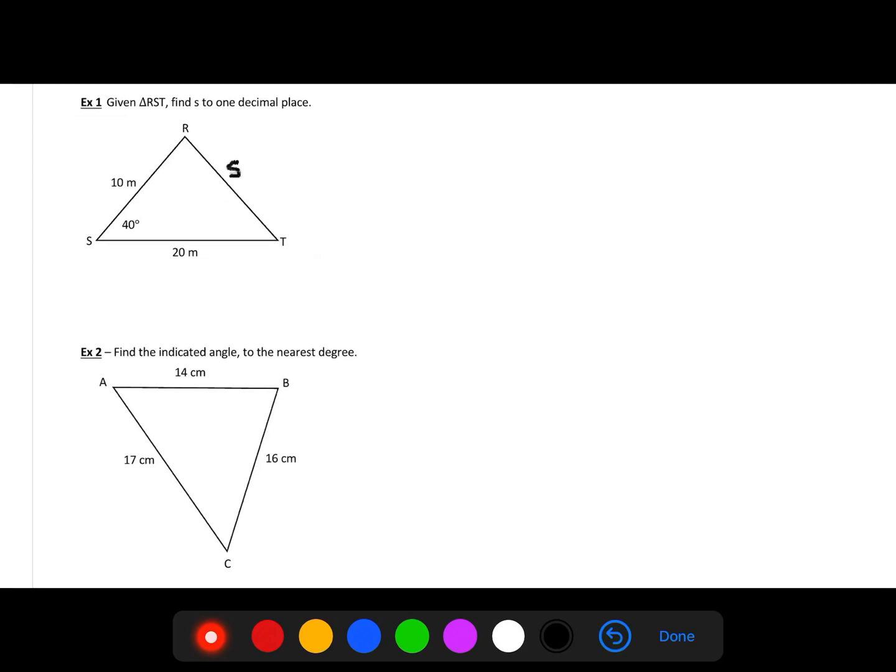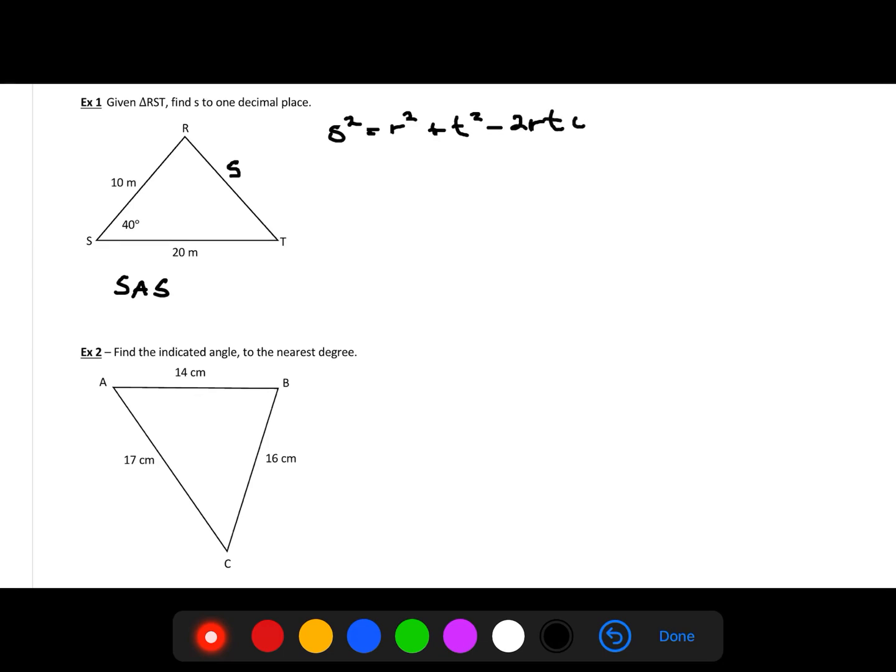So first question, we're given triangle RST. We want to find side s. So we want to find this side over here. Well, we notice right away we have side, angle, side, which means automatically cosine law.